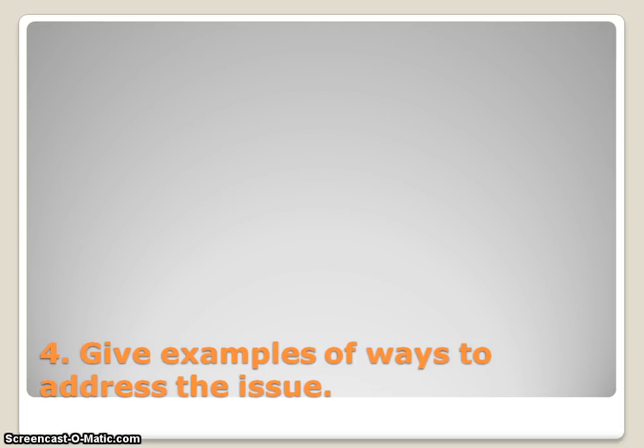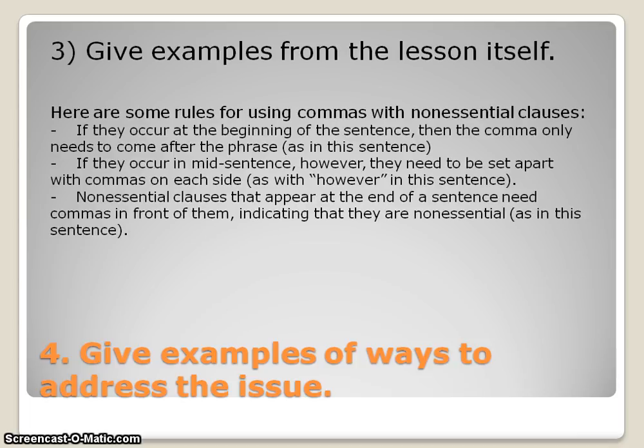Lastly, if you can't come up with anything and you don't want to use examples, you can always give examples from the lesson itself, structure it in a way to where it's a grammar lesson in itself. For instance, with non-essential clauses, I took the rules that I used and then I structured them in a way that reflected the lesson. If they occur at the beginning of the sentence, then the comma only needs to come after the phrase, as in this sentence, because I've structured that first sentence in a way where it has an introductory clause.